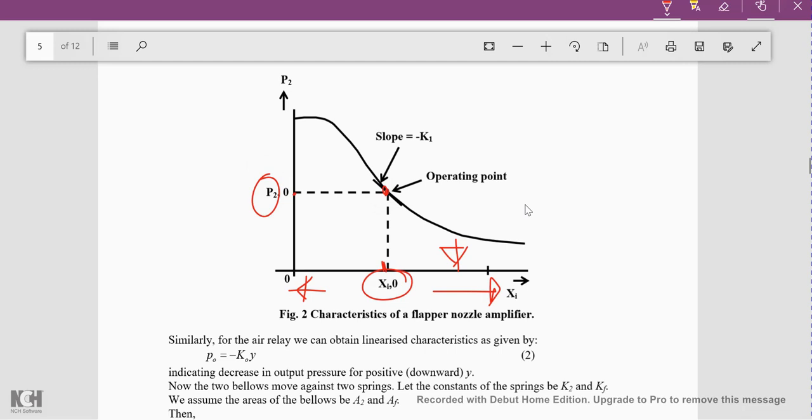Now this characteristics is changing, and we can see that it has a negative slope. As the displacement is increasing, the pressure is decreasing, so it is a negative slope kind of characteristics. Therefore, with the help of the Taylor series, we can try to obtain the smallest change, and its slope can be determined using the Taylor series.